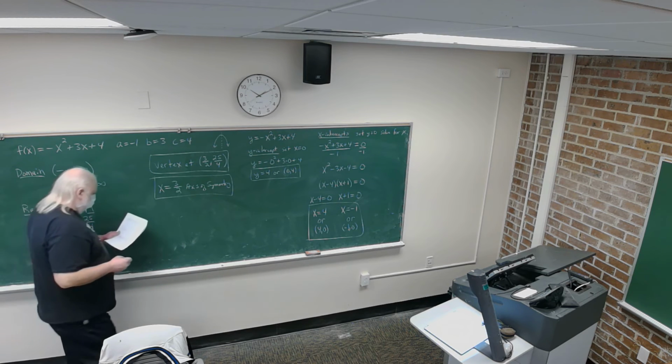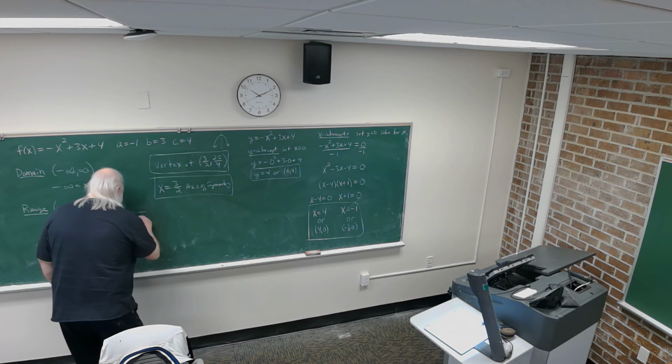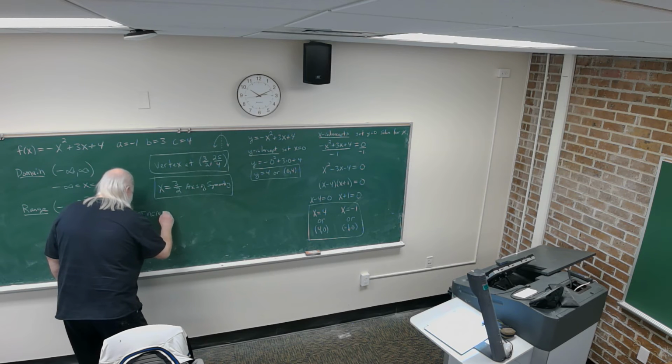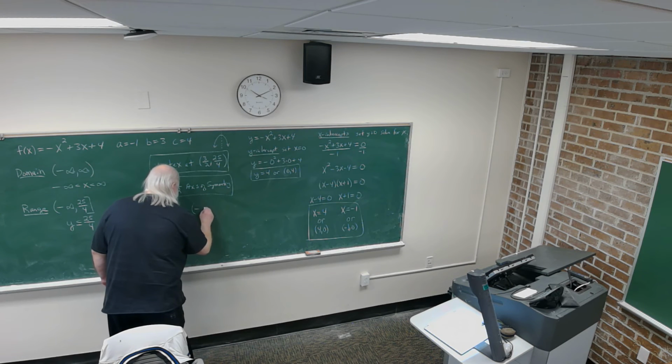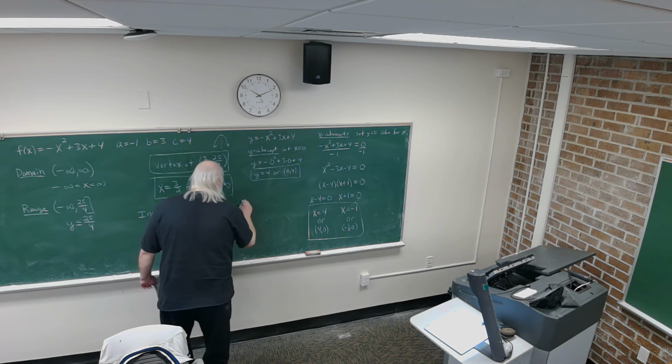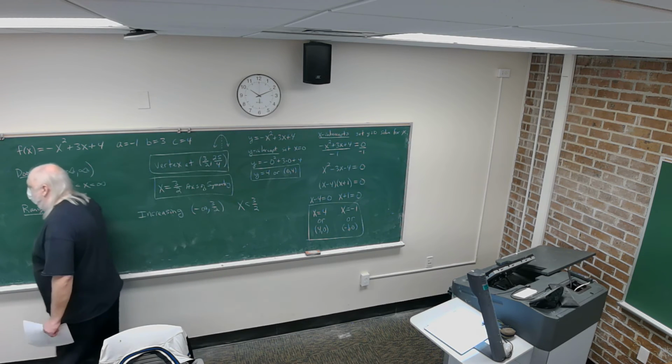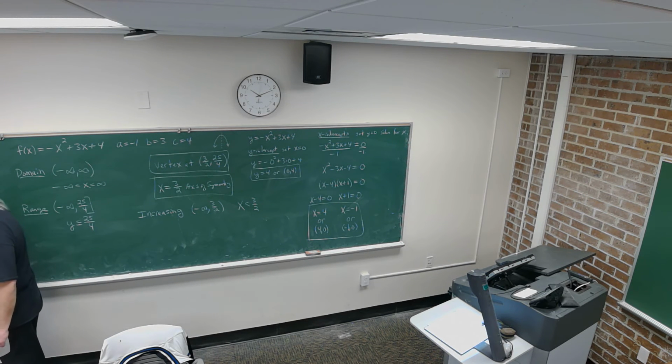So it's increasing on the interval from minus infinity to 3/2. For x less than 3/2, I am walking uphill.